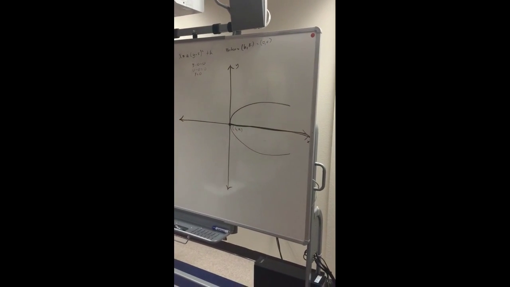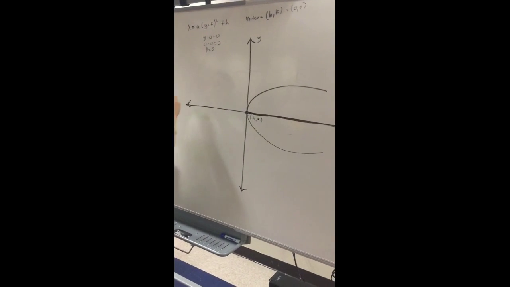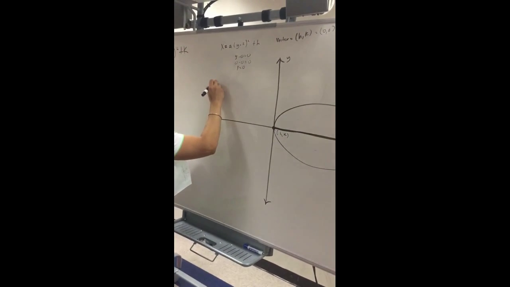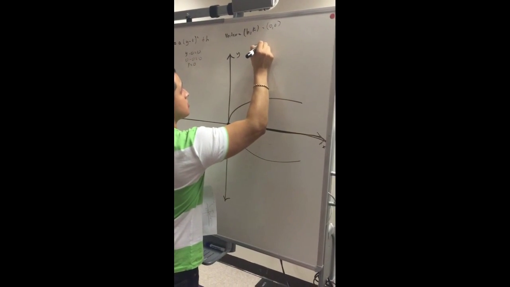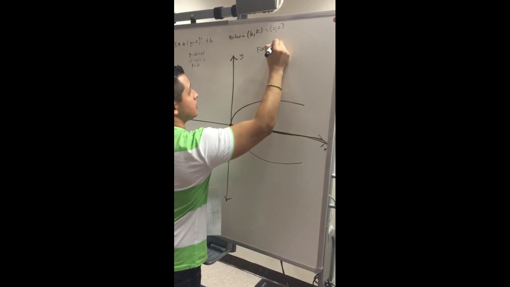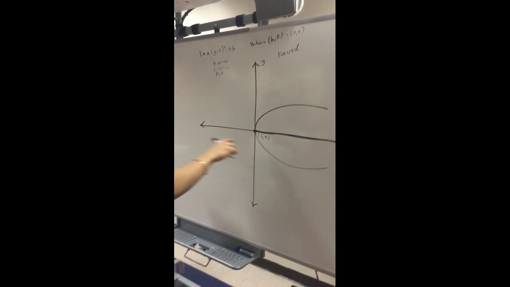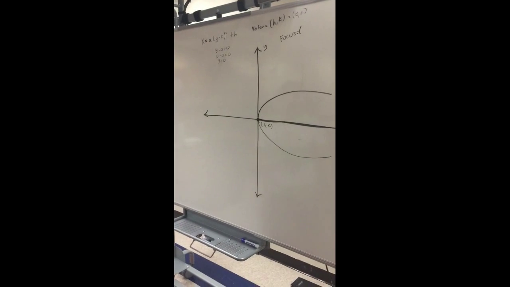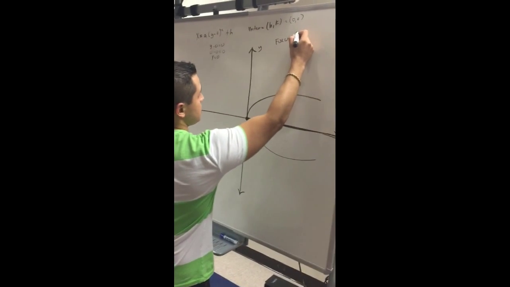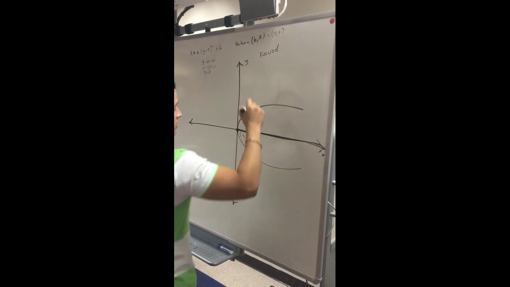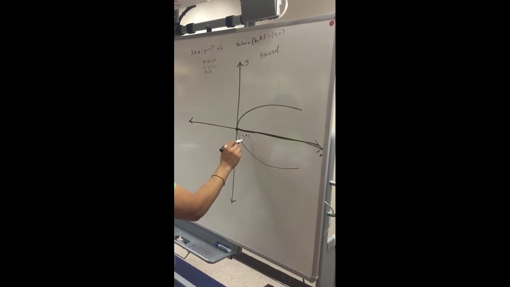To find the focus, are we going to stay with h or are we going to stay with k? Obviously we're going to stay with k, because k is the y-axis and k is 0.